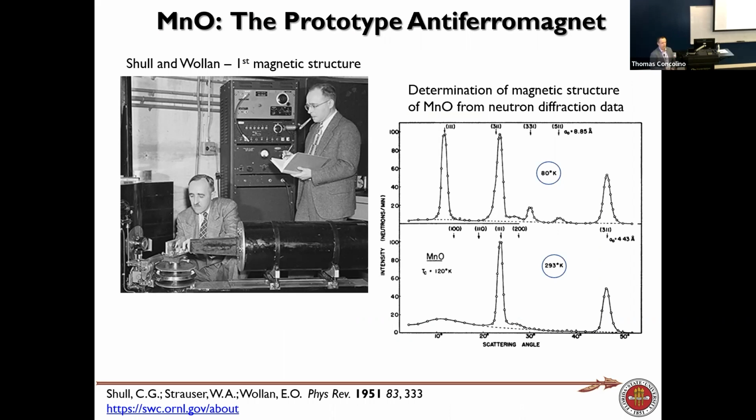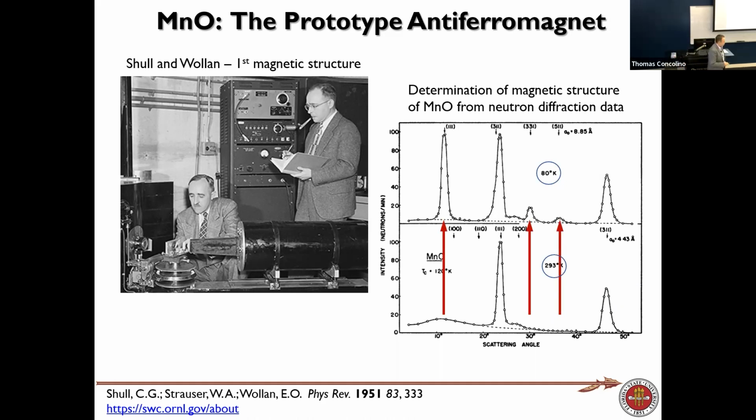which is very well known in neutron diffraction communities, where the first magnetic structures were determined by Shull and Wollan at Oak Ridge National Lab. And of course, what happens in this case, we have Pauli diffraction below the magnetic ordering temperature. The antiferromagnetic arrangement, antiparallel arrangement of spins breaks the symmetry of the crystal structure, and you see these additional peaks that pop up in the neutron diffraction pattern.